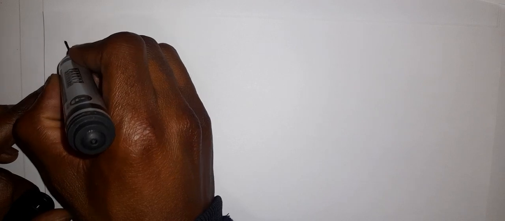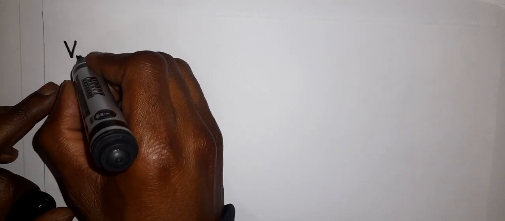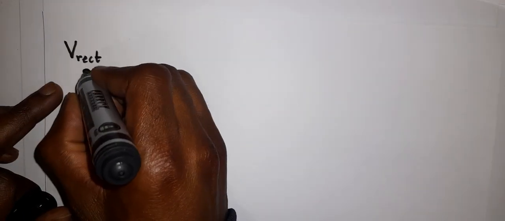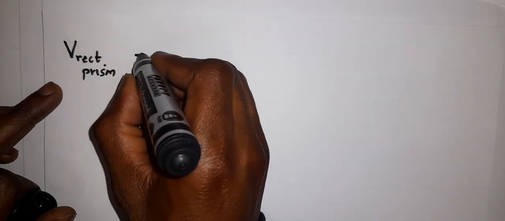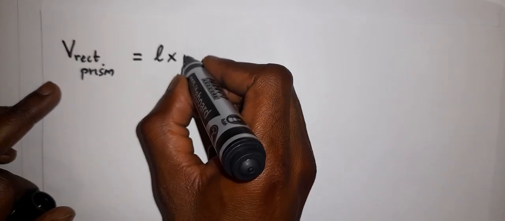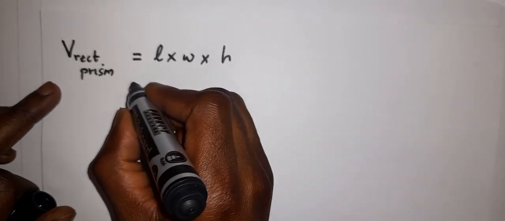Right, our container takes the shape of a rectangular prism. So for a rectangular prism, its volume is going to be length times width times height.